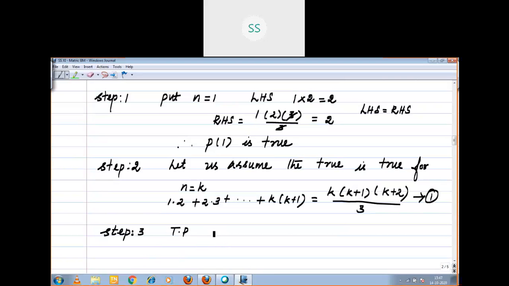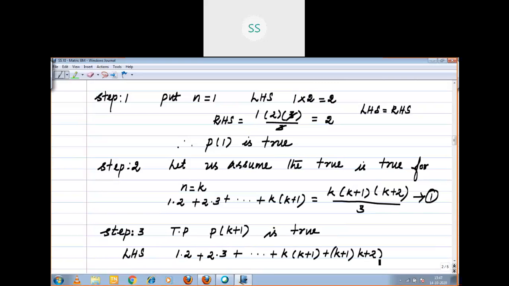To prove P of k plus 1 is true. To prove P of k plus 1 is true. LHS: 1 into 2 plus 2 into 3 plus etc. plus k into k plus 1 plus k plus 1 into k plus 2.